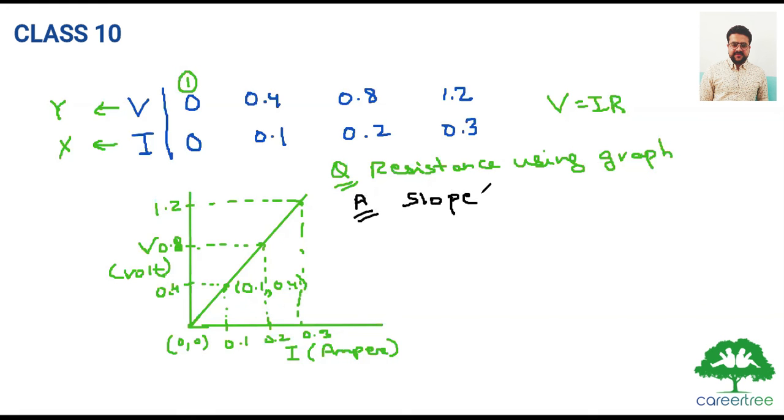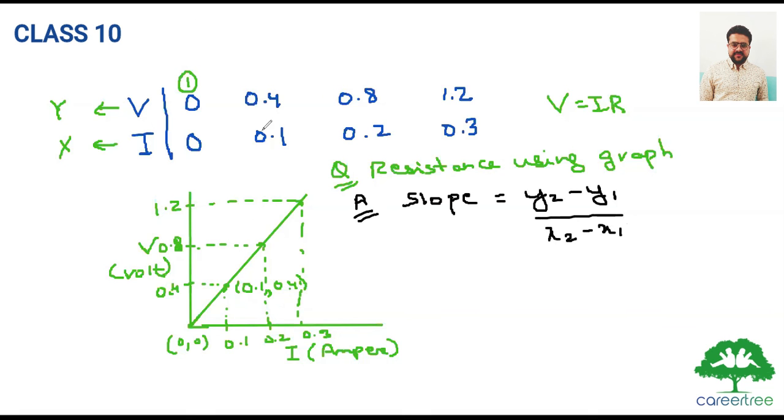Slope is given by the difference between y coordinates, suppose I have coordinates y1 and y2, divided by the difference in the x coordinates.